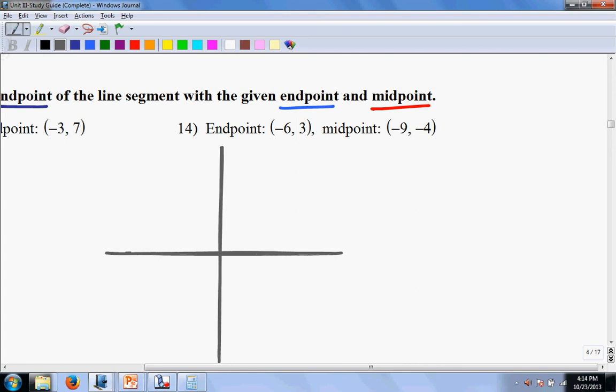So I have one endpoint here, and that is (-6, 3). So I'm going to go -6: 1, 2, 3, 4, 5, 6, and +3: 1, 2, 3. There's a dot at (-6, 3), and make sure you label this as an endpoint.